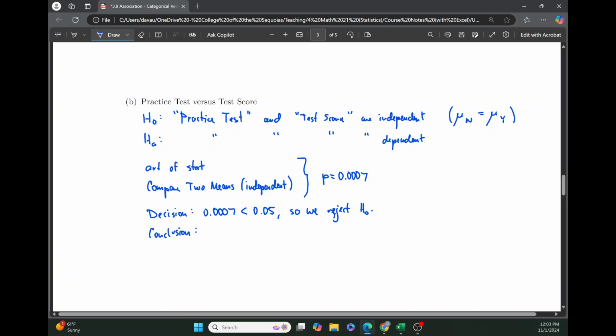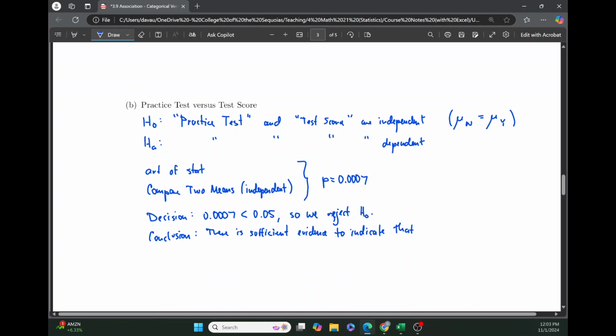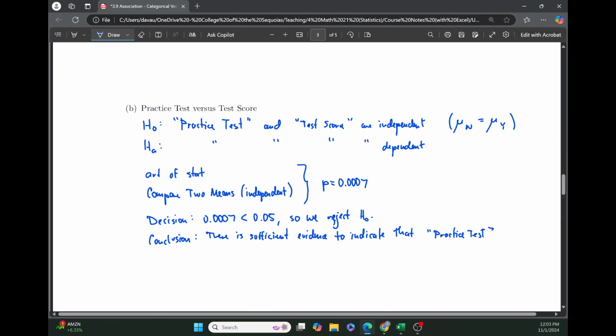Okay, so there is sufficient evidence to indicate that practice test, and I'll put a little question mark there to kind of remind us that this was a question, right? Did you take the practice test, yes or no? So there's sufficient evidence to indicate that practice test and test score are dependent.